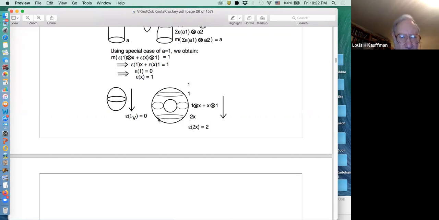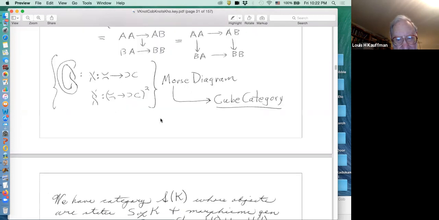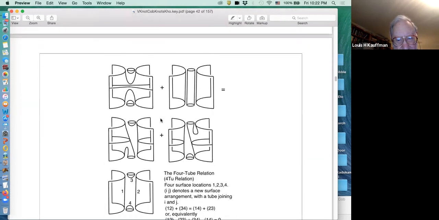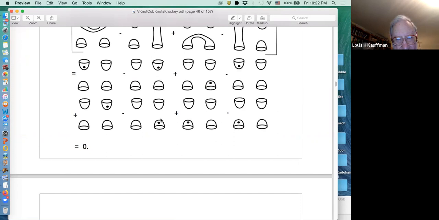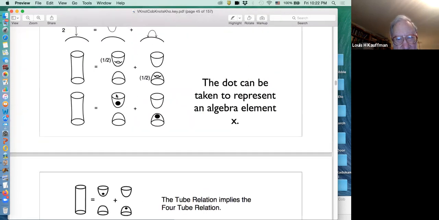So that means, and you could think of it the other way and it would be the same, that when you have a little circle and a torus underneath it, then that's as good as having the algebra element 2x labeling a little thing without a torus.